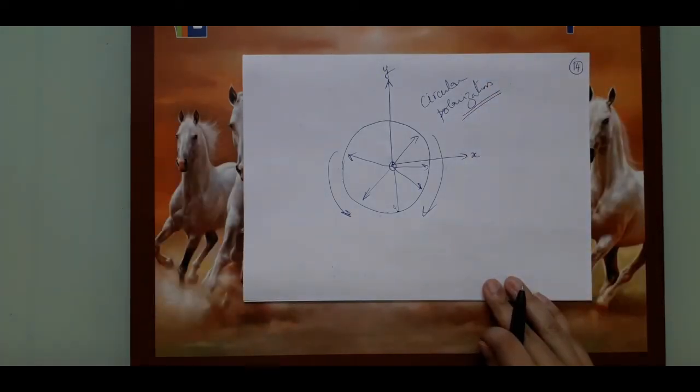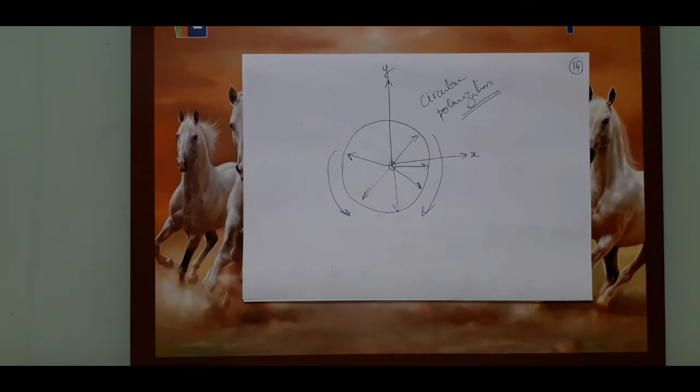So this is something very, very interesting. In general, the field vector is oscillating, that we all know. But in general, the way it oscillates need not always be along one axis.